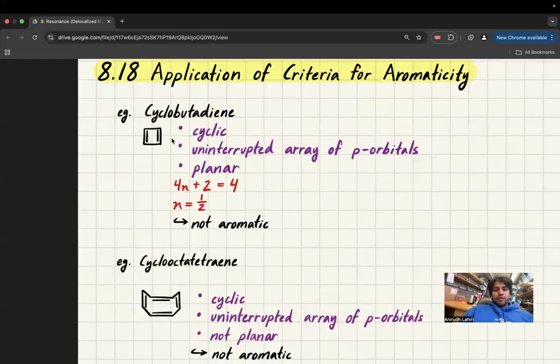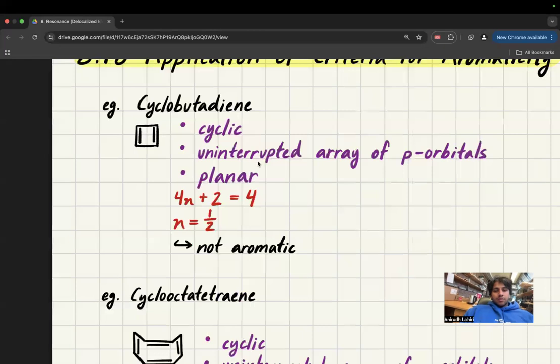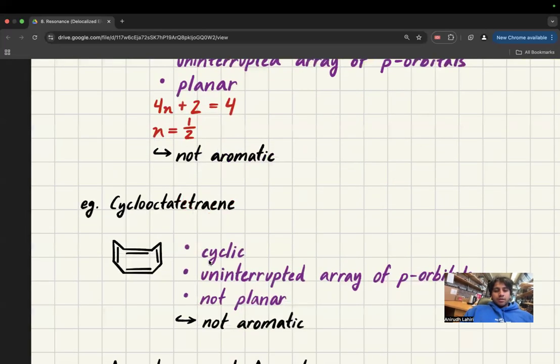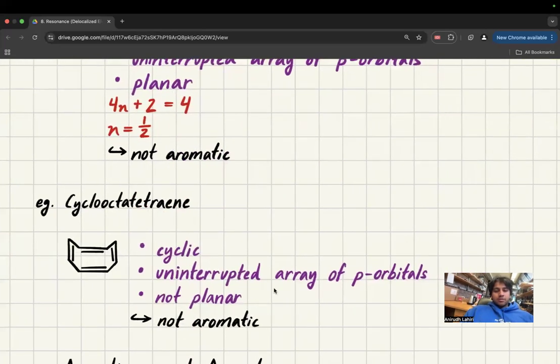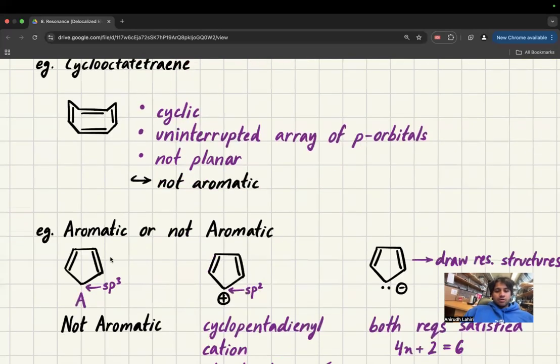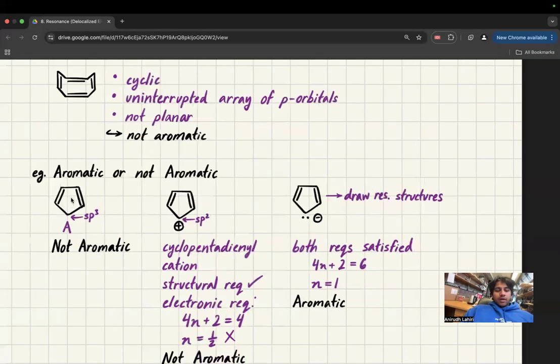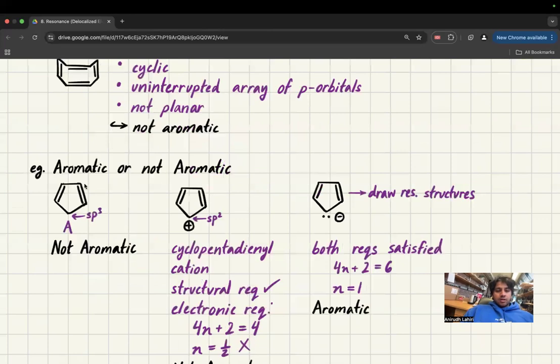So let's look at a few, right? This is cyclic, this is uninterrupted, but this has two electron pairs, so it's not aromatic. This is cyclic, this is an uninterrupted array of p orbitals, but it's not planar, so it's not aromatic. It also has 1, 2, 3, 4 electron pairs. Here we have not aromatic because this is not a conjugated system.